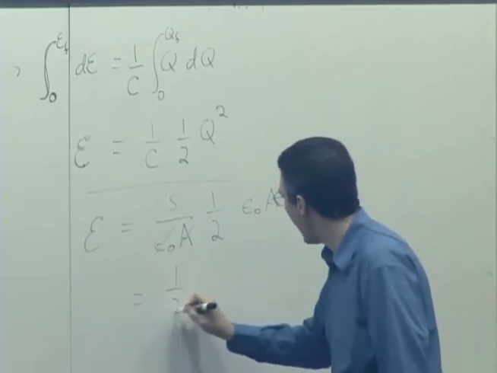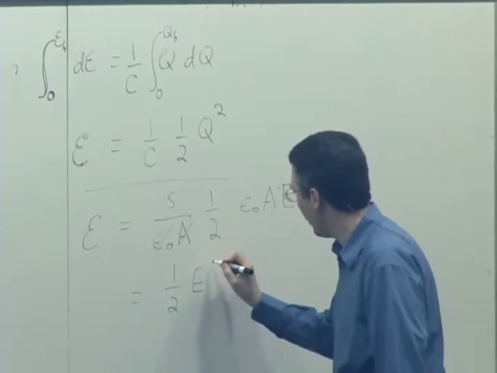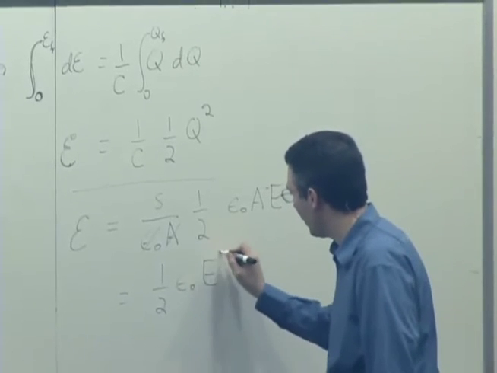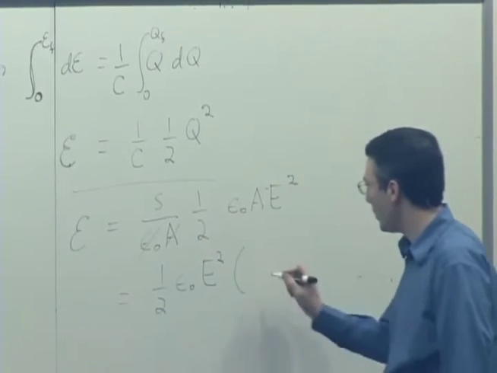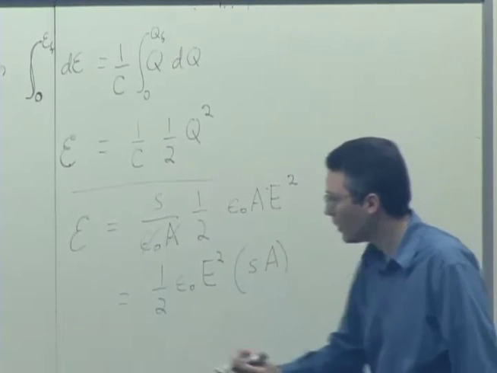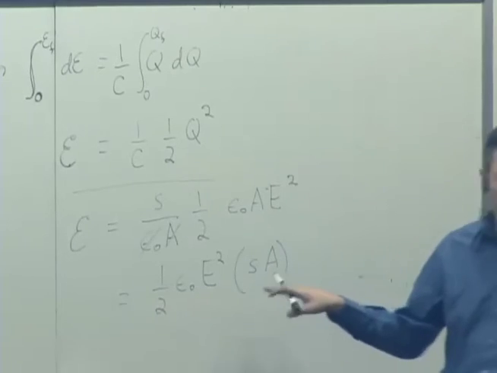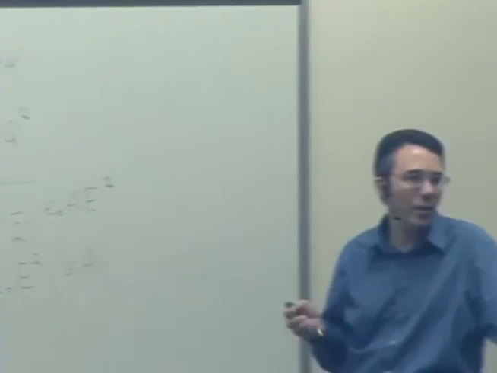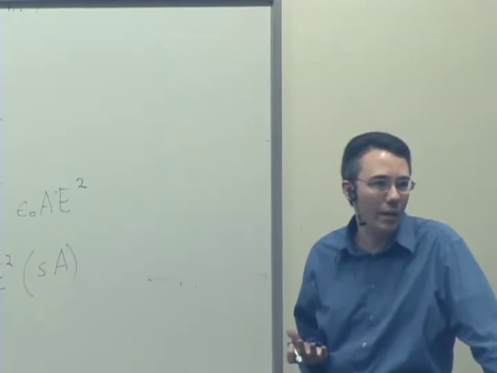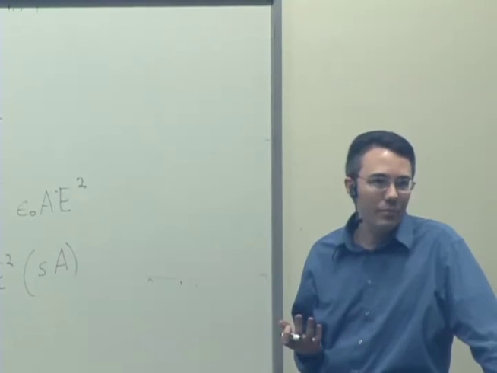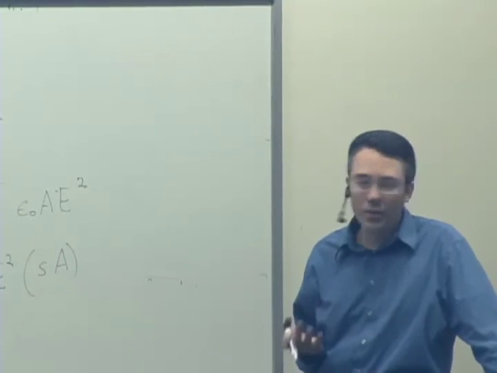I have 1/2 epsilon 0 times the electric field squared times, I have a factor of S left over and a factor of A. So that tells me the amount of energy stored in the capacitor is proportional to the magnitude of electric field squared. So it's suggestive that there's energy stored actually in the fields themselves.